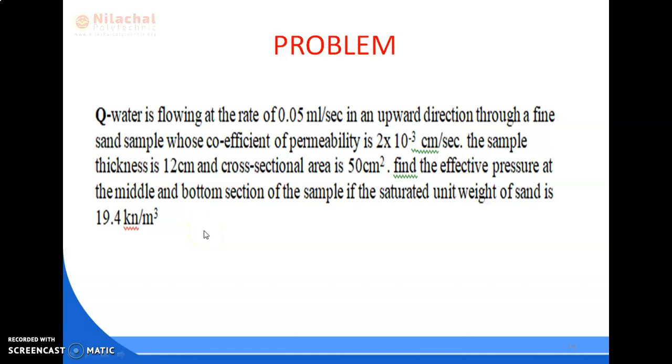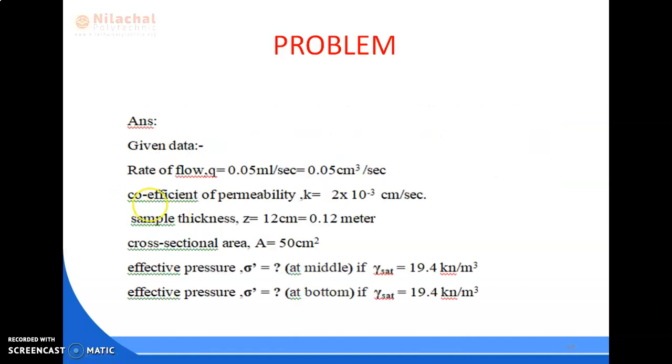Let us find out the given data. Rate of flow Q is equal to 0.05 ml per second. We convert it into centimeter, so 0.05 centimeter cube per second. Coefficient of permeability K equal to 2 into 10 to the power minus 3 centimeter per second. Sample thickness Z equal to 12 centimeter equal to 0.12 meter.